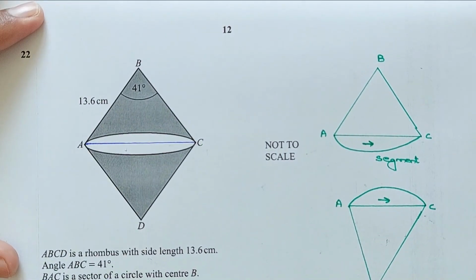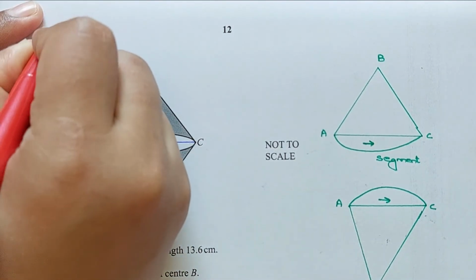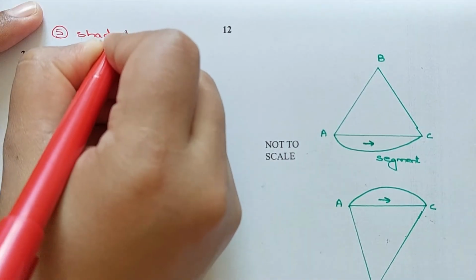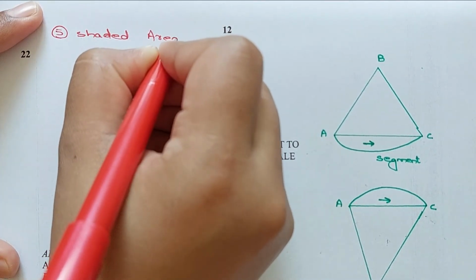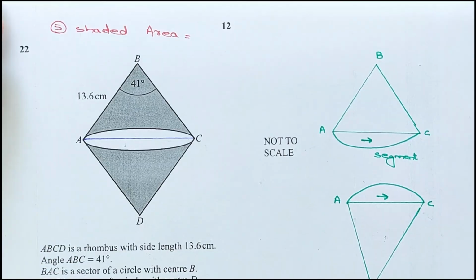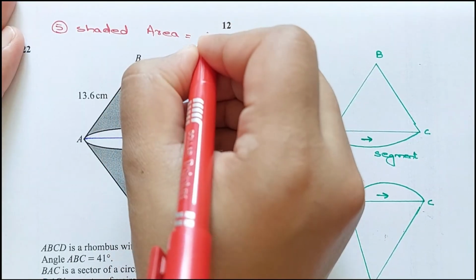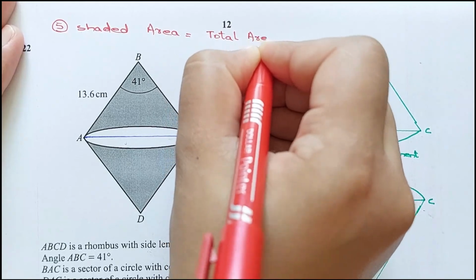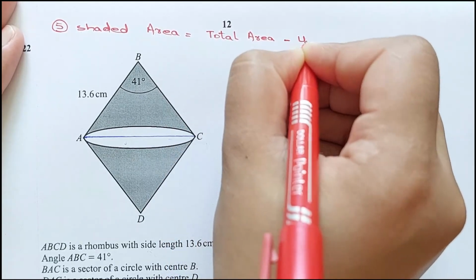Let me do the fifth step over here. The shaded area is the total area subtract the unshaded one.